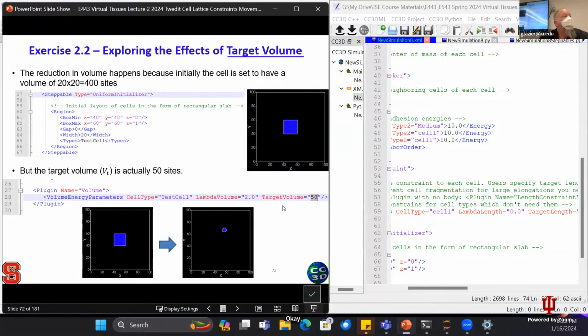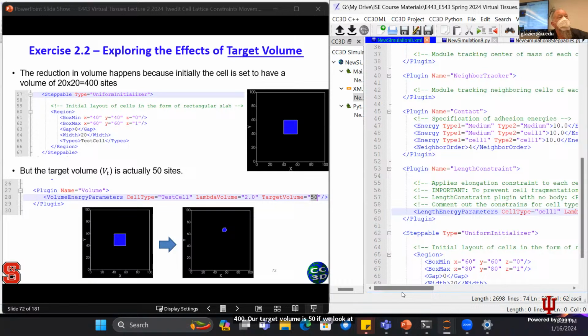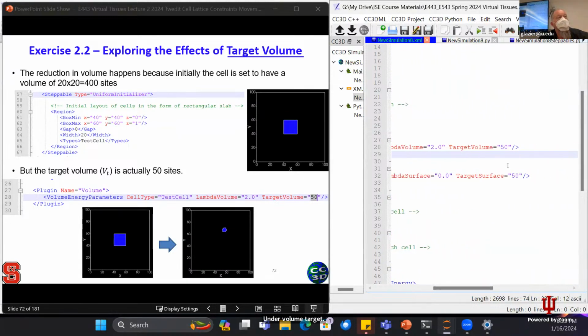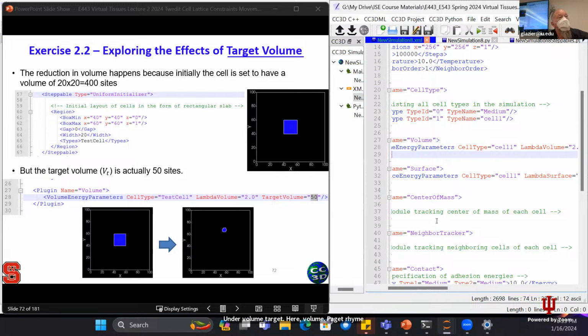So now we started out with the cell being 20 by 20, a volume of 400. Our target volume is 50. If we look at our target volume here, under volume target, target volume is 50.